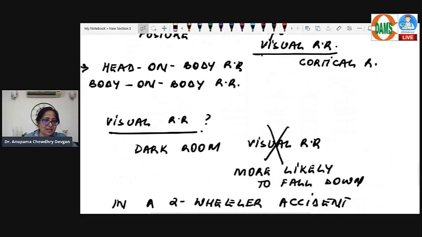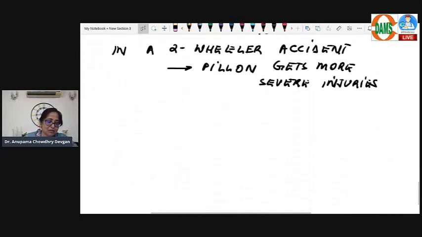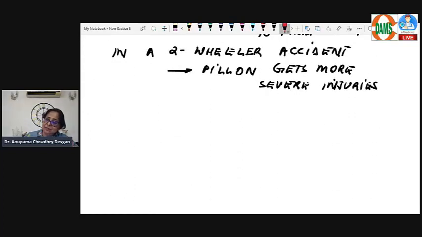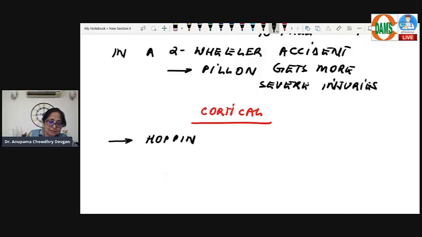All righting reflexes are in the midbrain except the visual righting reflex. The fourth category is cortical reflexes. Which are the cortical reflexes? Cortical reflexes are hopping and placement. Hopping, that is like a langdi tongue.